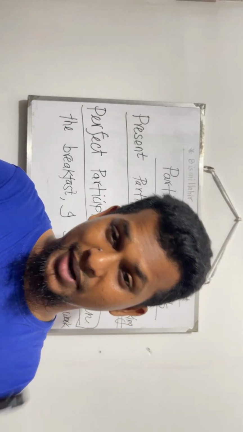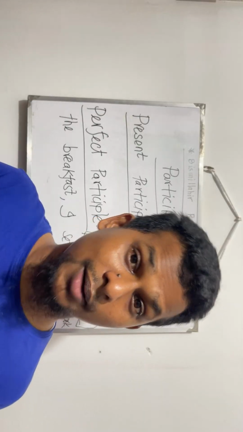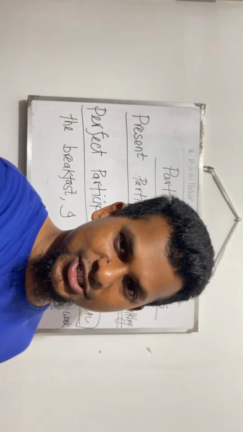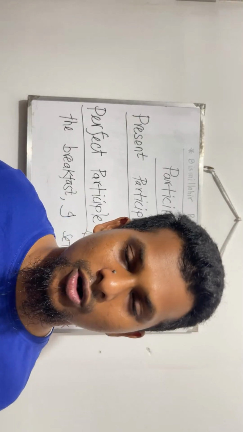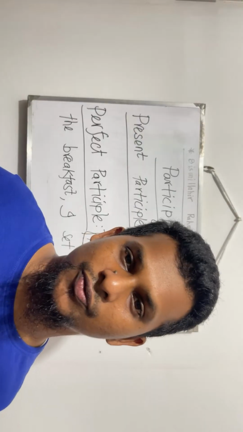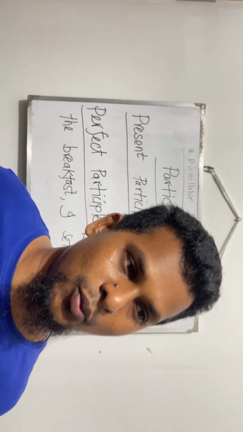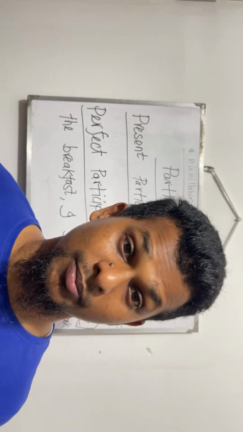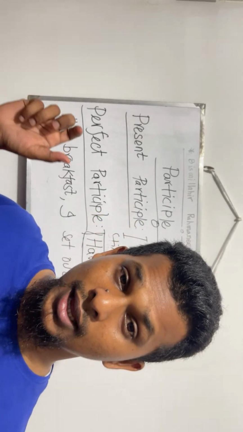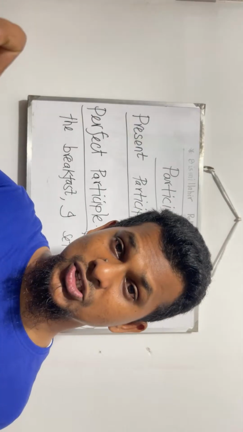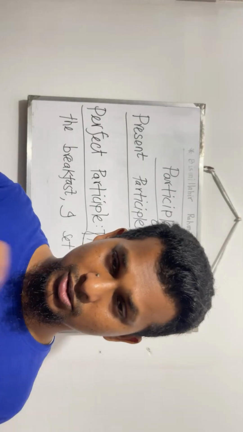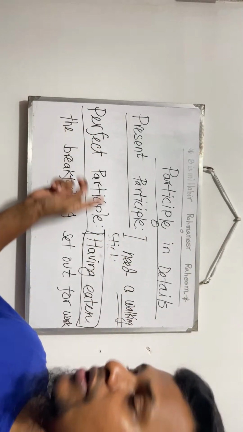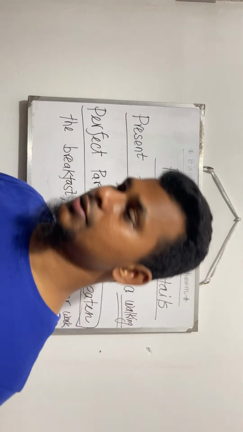Having eaten my breakfast, I set out for my work, or I went out for work, or I went on looking for or searching for my work. So having, have plus ing, and then past participle form of the verb. So that is the structure of perfect participle. All right.